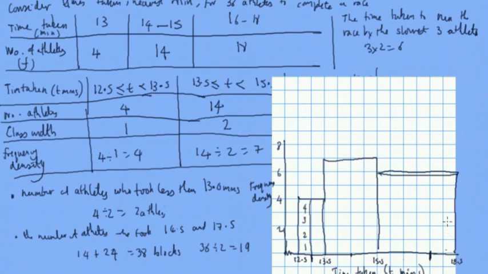So 1, 2, 3, 4, 5, 6. So between 18.0 and 18.5 minutes is the time taken for the slowest 3 athletes. So I hope that helps.